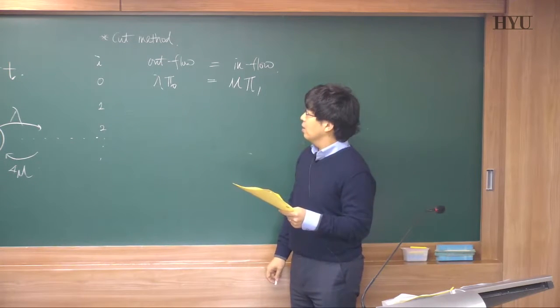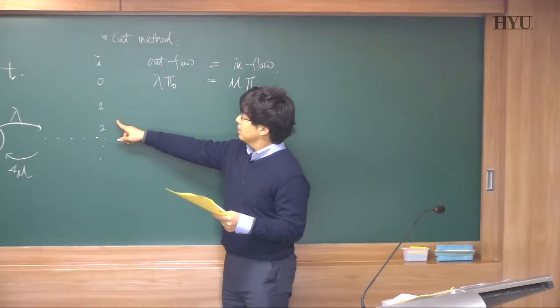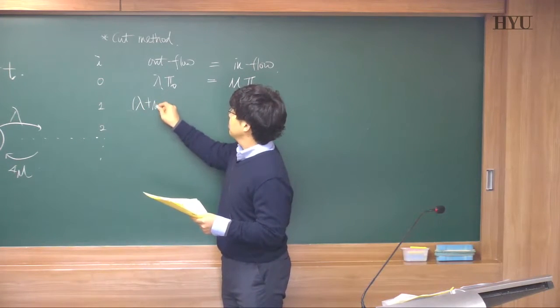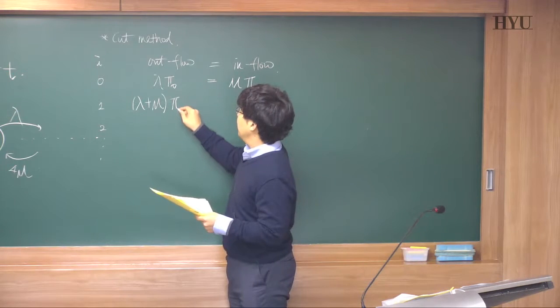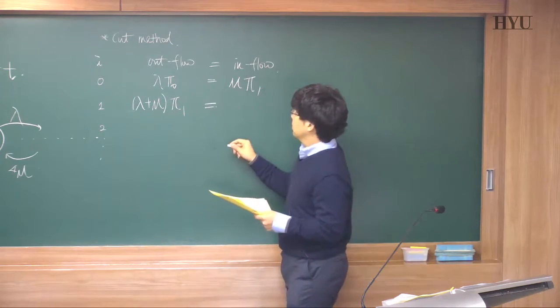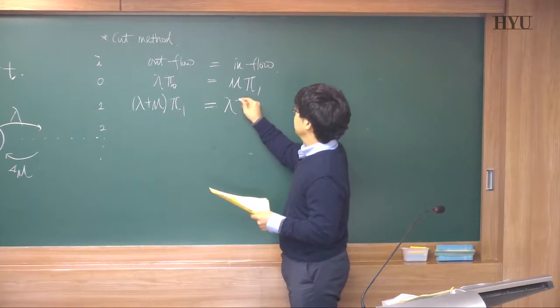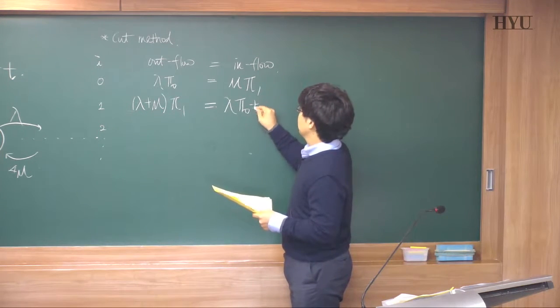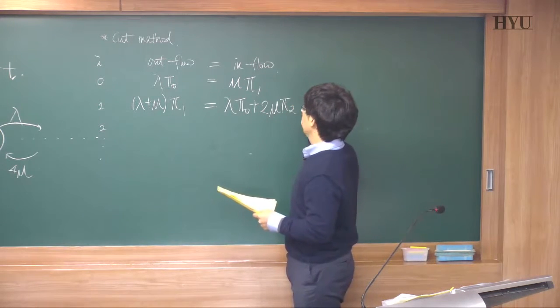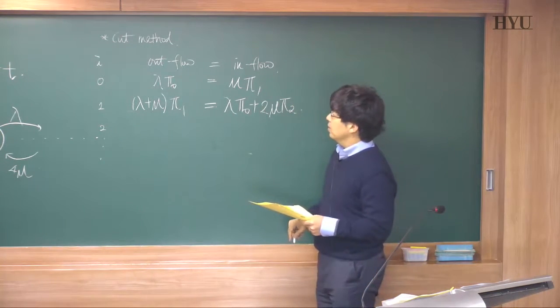How about node 1? Lambda plus mu times pi 1 equals lambda pi 0 plus 2 mu pi 2. Okay.